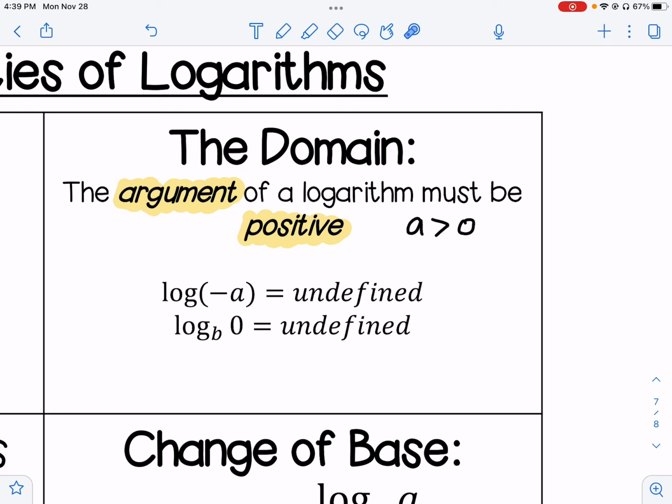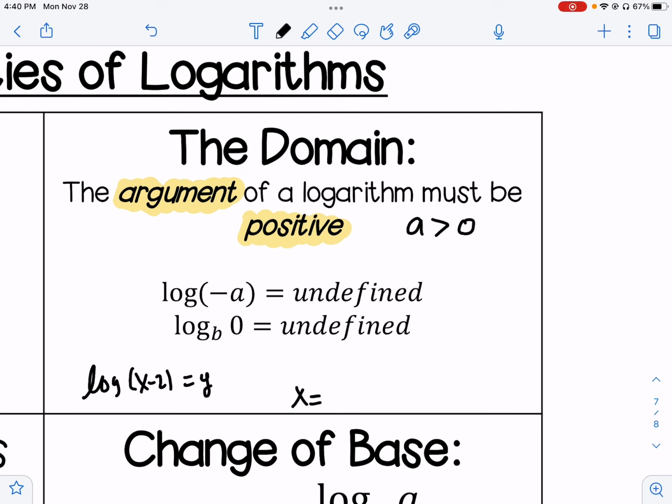So this might help in finding the domain of a function, or if you're solving things in order to check and see whether or not they are extraneous solutions, you want to see when you plug it back in, is your argument greater than 0? If it's greater than 0, awesome. If it's not greater than 0, then it's going to be undefined. An example being if I had the log of x minus 2 equals y.